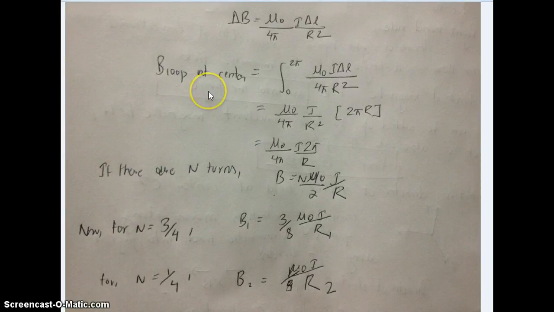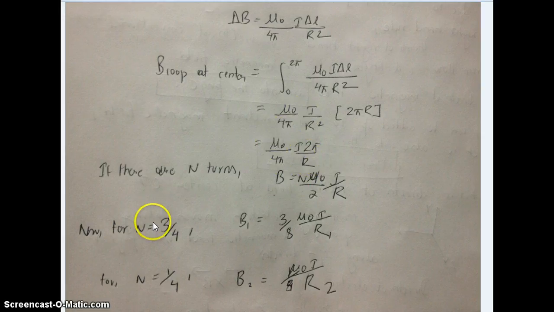Now the B of the loop at the center we can get from the integration, that is 0 to 2 pi of mu naught I delta L by 4 pi R squared. Doing the simple integration, the equation comes out to be mu naught by 4 pi, I, 2 pi R. If there are n turns, then B is n times this equation.